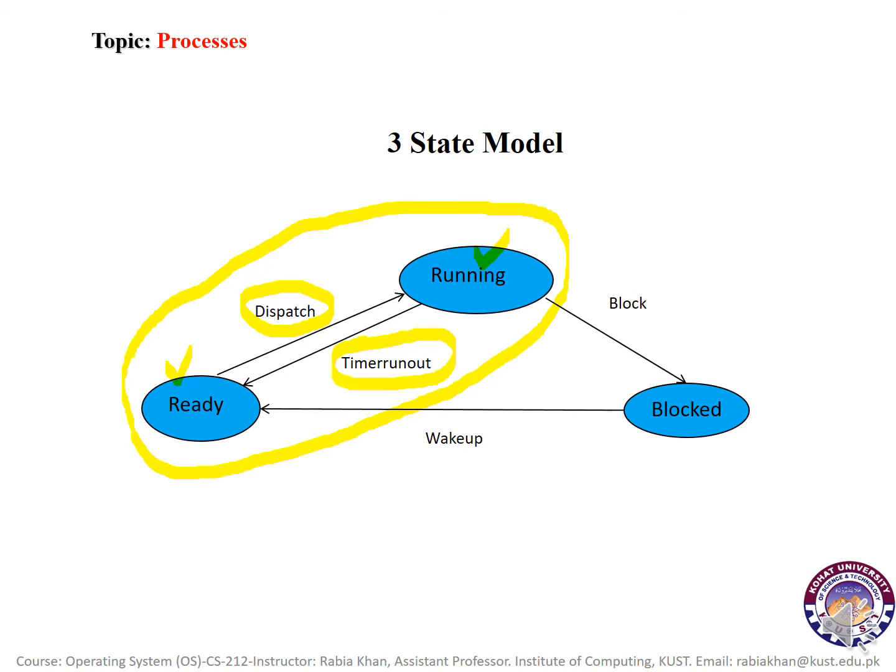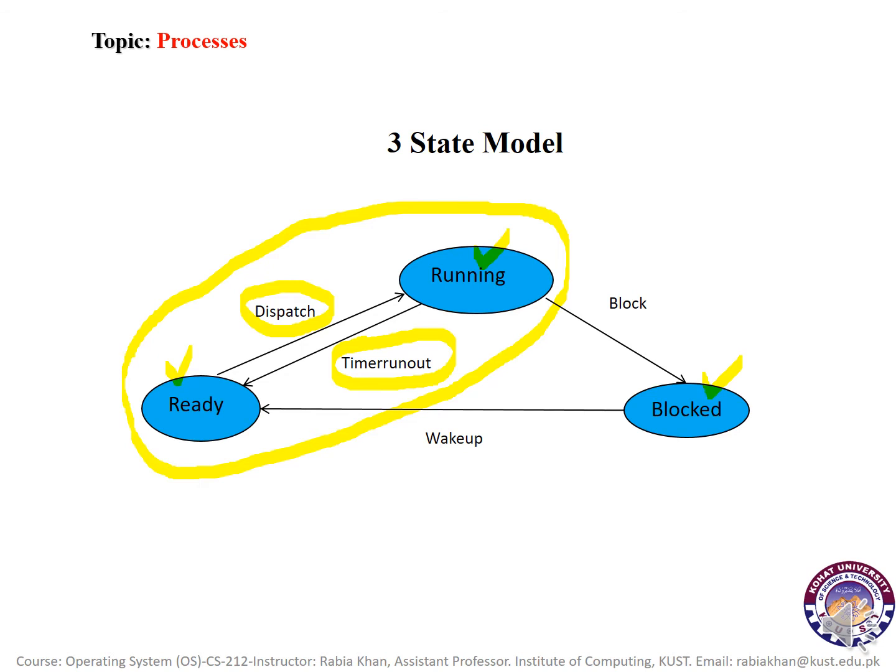Now we are adding another state to this two-state model, which, if you remember, we discussed as the block state, an active waiting state. In the block state, a process waits for some event to happen. For example, a running process may request some input from the user, so it goes to the block state.